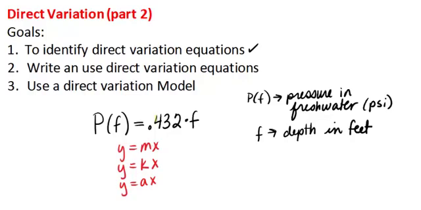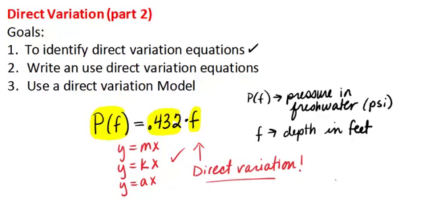P of f, or function notation, is just a fancy way to say y, or our dependent variable, equals some multiplier, a constant of variation, times our independent variable. It fits this model very well. So this is direct variation.